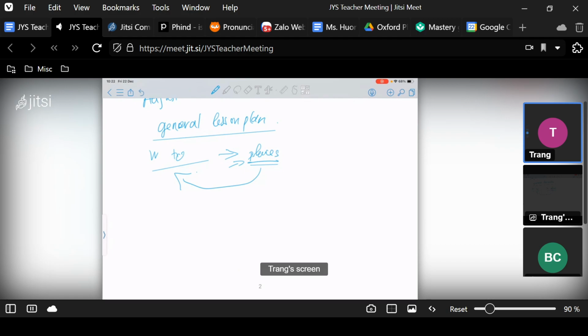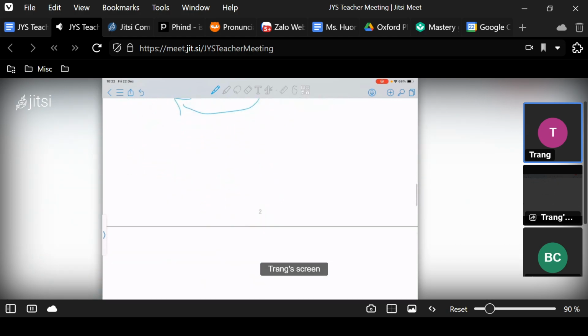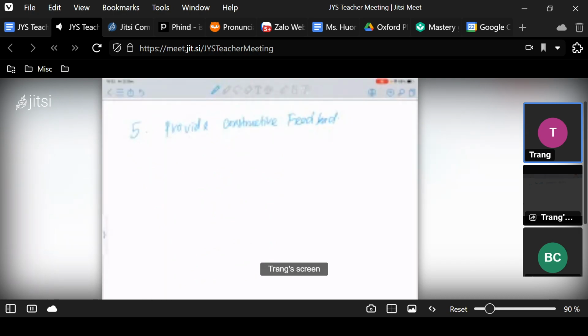And the last one I want to share is providing constructive feedback. The first thing I think is good is to give compliments by praising their effort, and we have to offer timely and specific feedback on student performance.